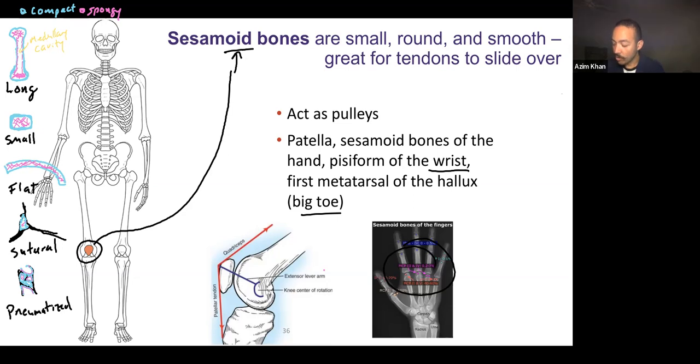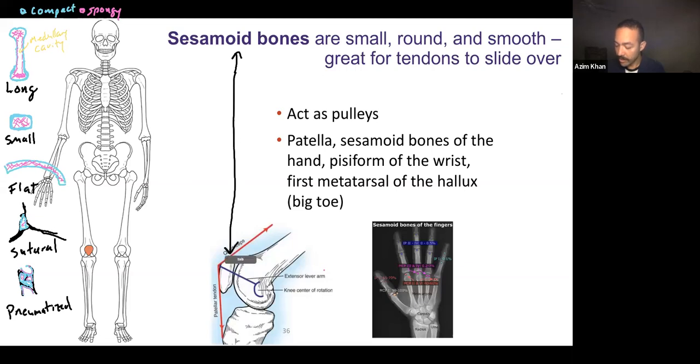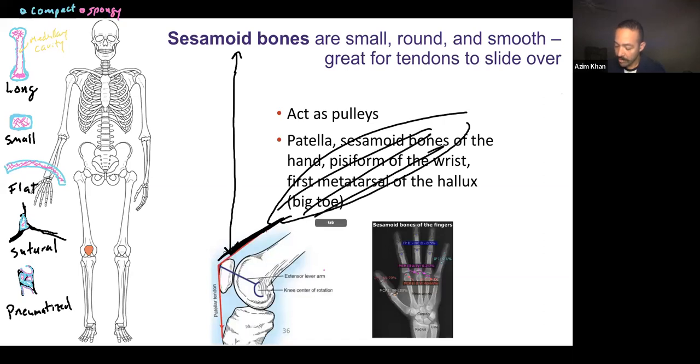By being small, round, and smooth, your tendons can glide over them very easily. If you take a look down here, imagine that there's a tendon and a muscle right here that can cause movement of this lower leg, can kick your leg up and down, can glide over this smooth patella.